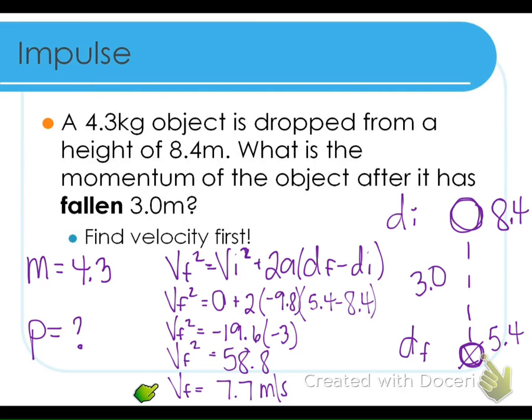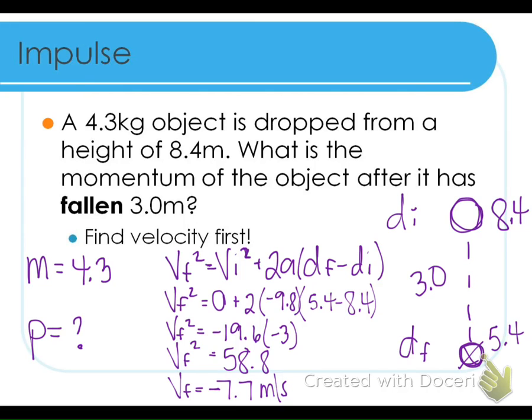Is this velocity going in the up direction or the down direction? Down. It's falling, so it's going down, which means this needs to be negative. The math doesn't show us that because we had a square root. So this is when we have to recognize, is it going up or is it going down? If it's going down, we've got to put that negative into our velocity, because our momentum's got to be going in the downward direction also.